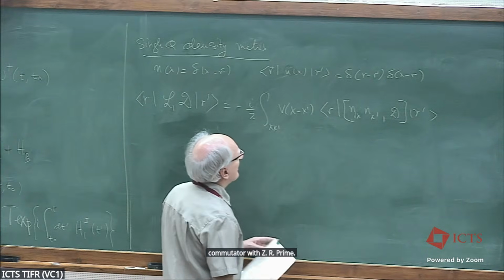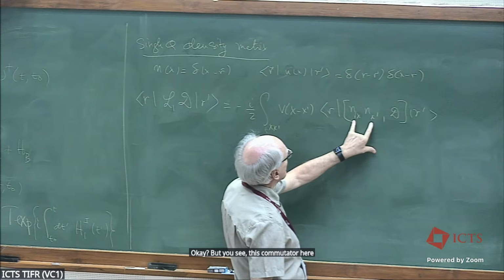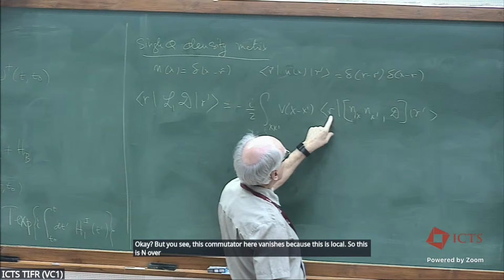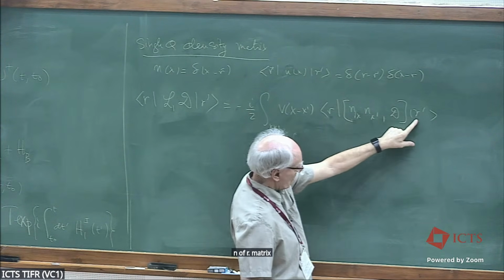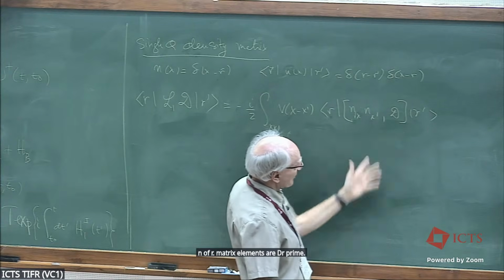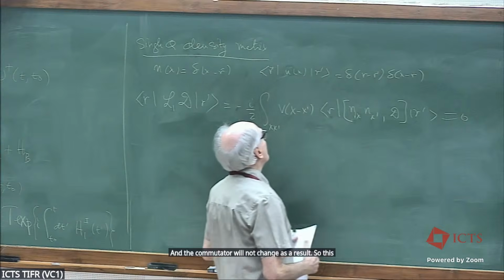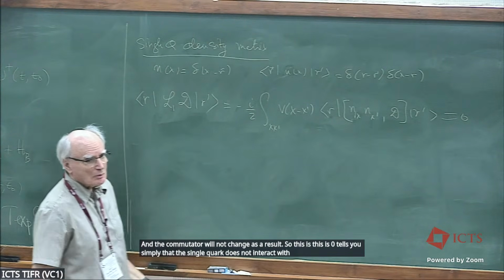But this commutator vanishes because this is local. So this is n of r times the matrix element r, rho, r prime, and the commutator will not change the result. So this is 0. It tells you simply that the single quark does not interact with itself by Coulomb interaction, right?